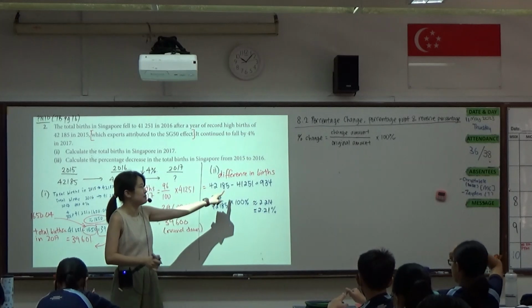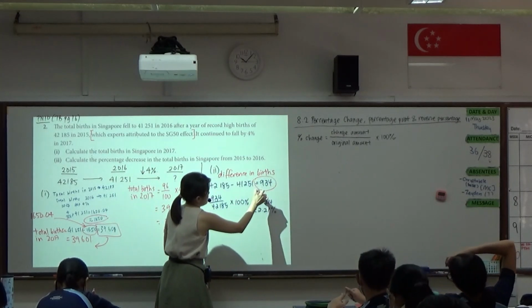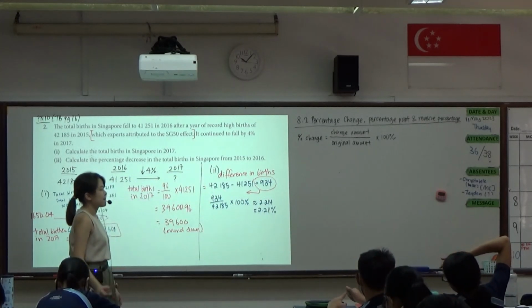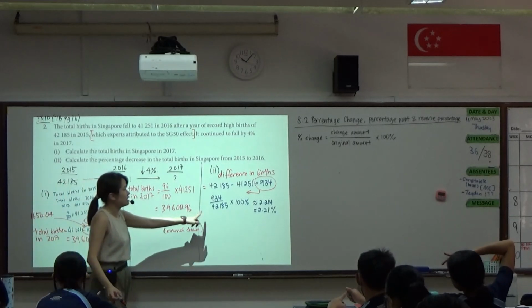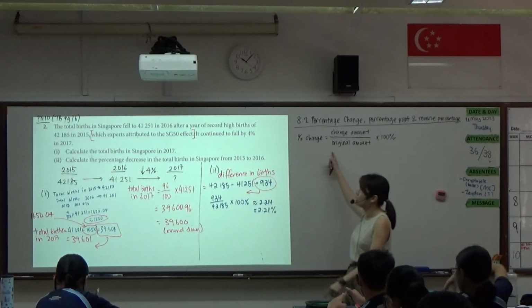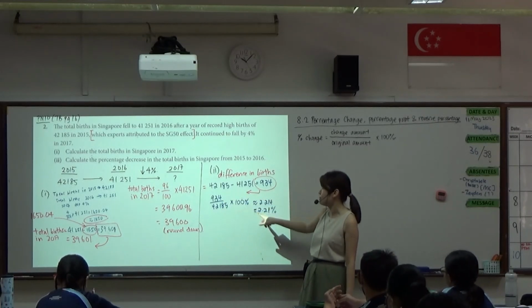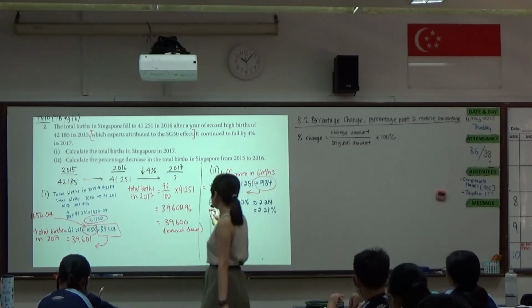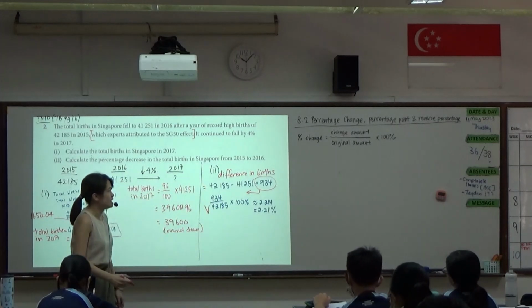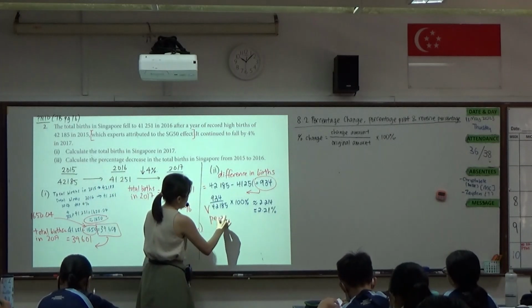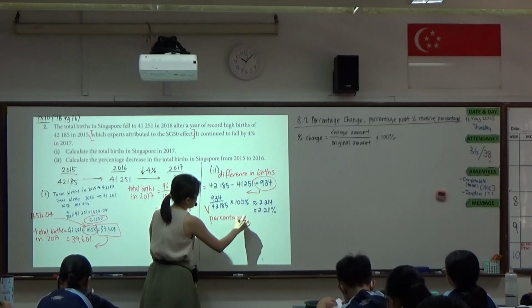Then this part here, move to the next line. Then after that, following the formula, the difference over the original amount, that's 100%, will give us this. Again, presentation wise, we write down percentage increase.